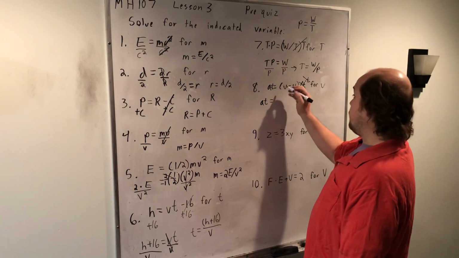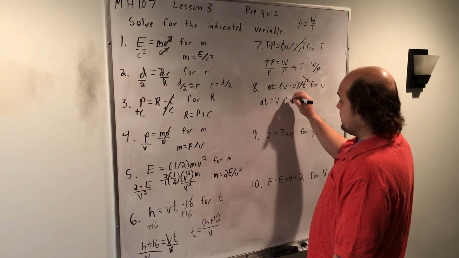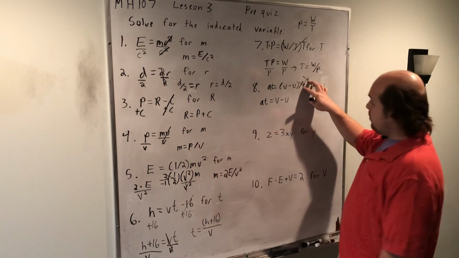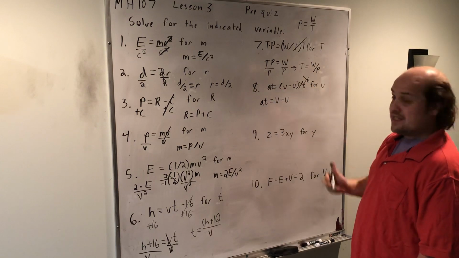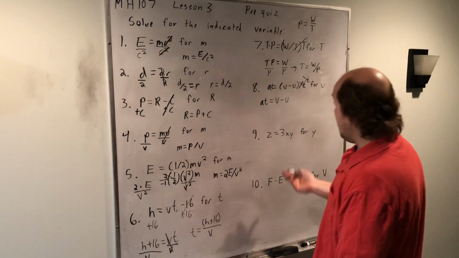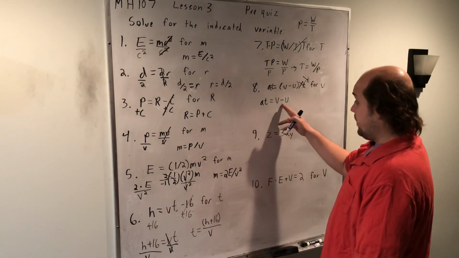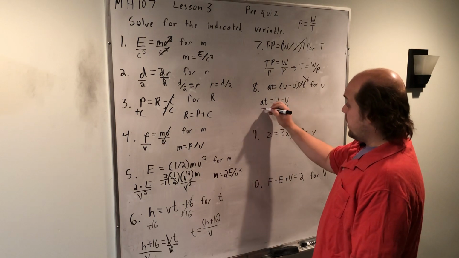It now equals what was in parentheses, v minus u, but I can take it out of parentheses because now that t has been dealt with, these parentheses don't give me any additional information at this point. I can now get v alone by moving this u. It's currently a minus u. I move it by doing plus u to each side.